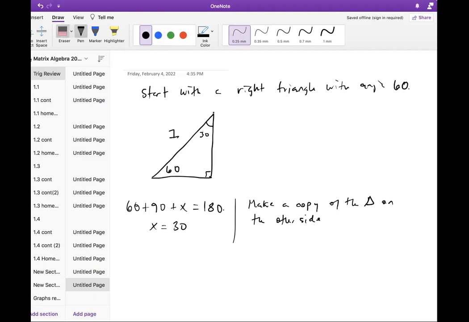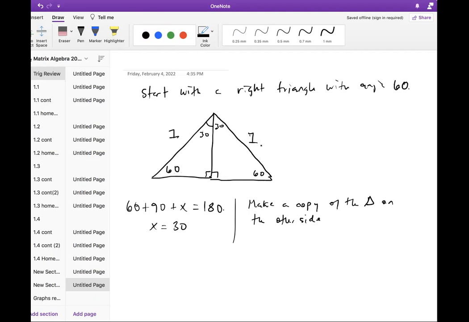So if I reflect it, all the angles are the same, right? I have the right angle, I have 60, and I have 30, and I have length 1. Does that make sense? I'm just reflecting that triangle on the vertical.